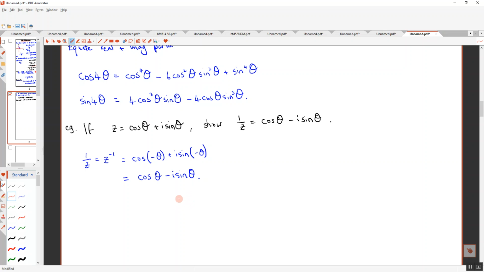And these 2 important results are z plus 1 over z is equal to 2 cos theta, and the second important one, if I do z minus 1 over z.